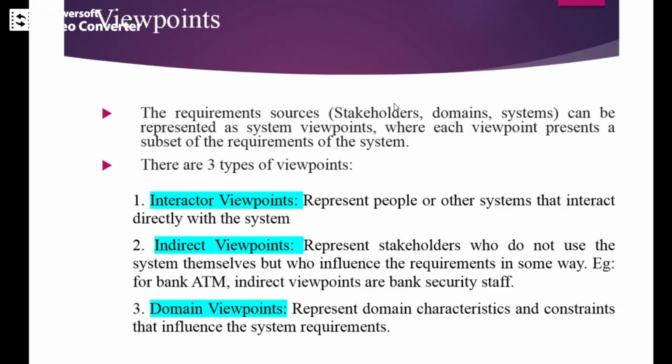So they can be your stakeholder, domain, system. There are three types of viewpoints we'll see. First one is interactor viewpoints. Second one is indirect viewpoints. Third one is domain viewpoints. First one, interactor viewpoints. What do you mean by interactor viewpoints?